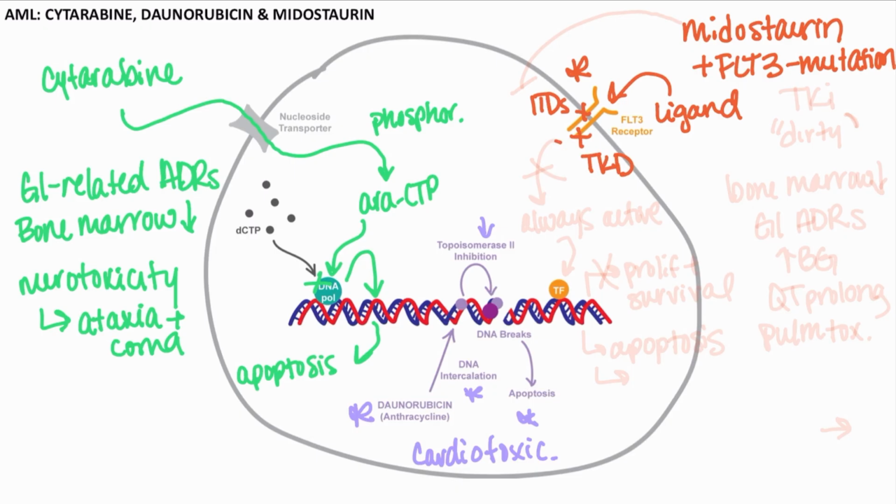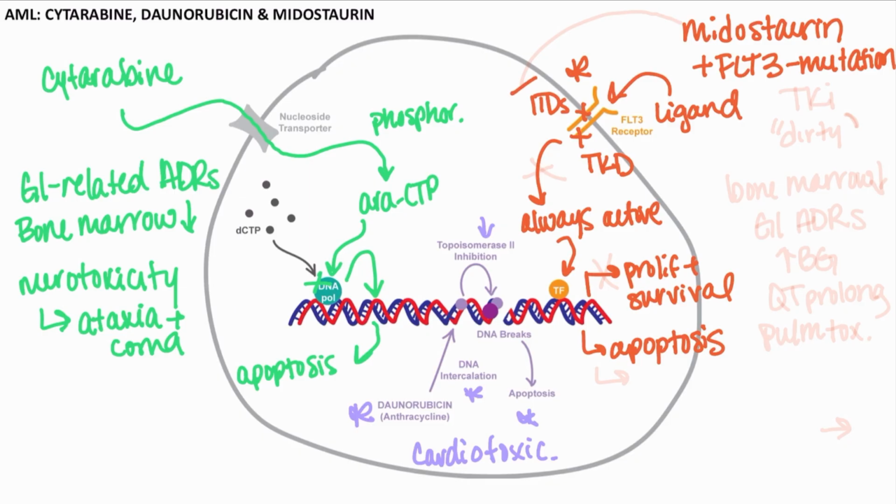These mutations are all constitutively activating, leading to ligand-independent FLT3 receptor signaling, leading to downstream activation of transcriptional pathways, promoting the proliferation and survival, and inhibiting apoptosis in our malignant cellular population.